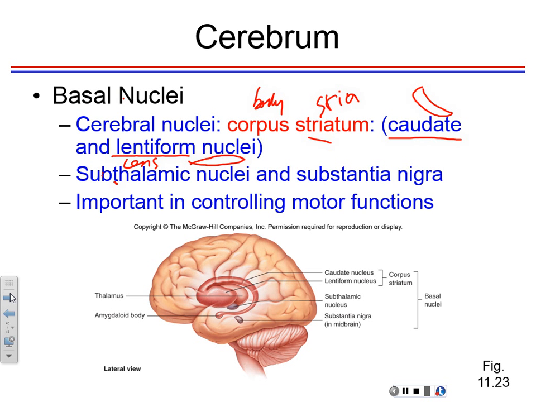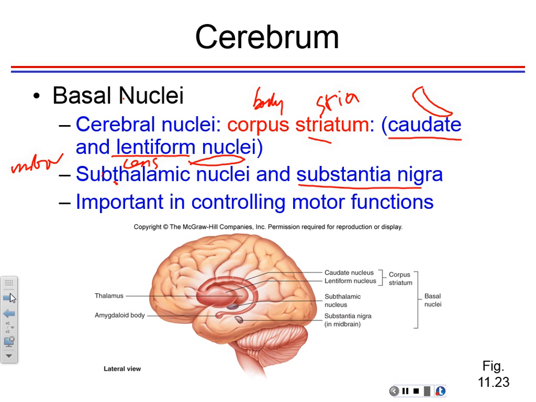And the substantia nigra, the black substance, is located in the midbrain, so it's part of the brainstem. These nuclei are spread out like that, and they control motor activity.